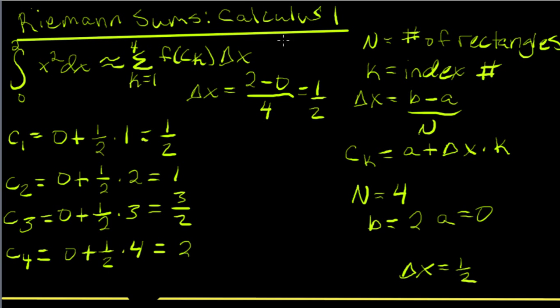And as you know, our function of x is x squared. So f of c1 is going to be 1/2 squared. Let me get rid of some of this over here so I can have some room.